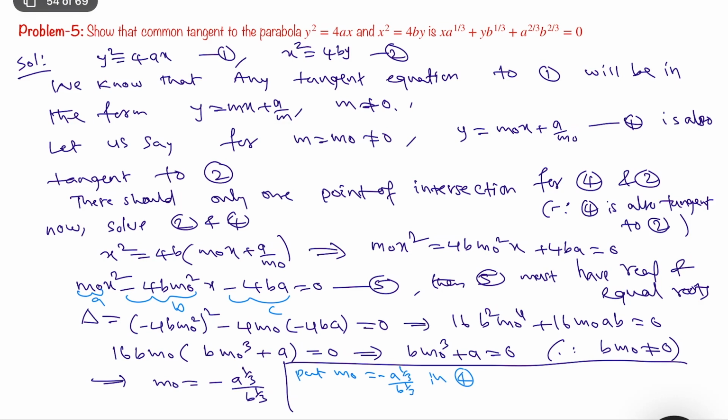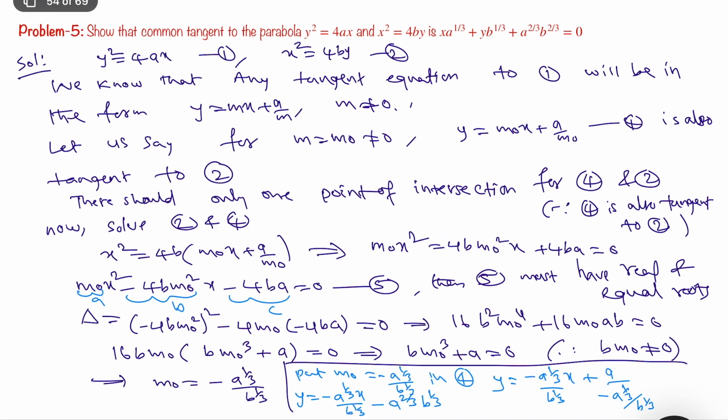So what we get here: y equal to minus a to the power of 1 by 3 by b to the power of 1 by 3 x plus a by minus a to the power of 1 by 3 by b to the power of 1 by 3. In the next step we can write y equal to minus a to the power of 1 by 3 x by b to the power of 1 by 3 minus a to the power of 2 by 3 times b to the power of 1 by 3.